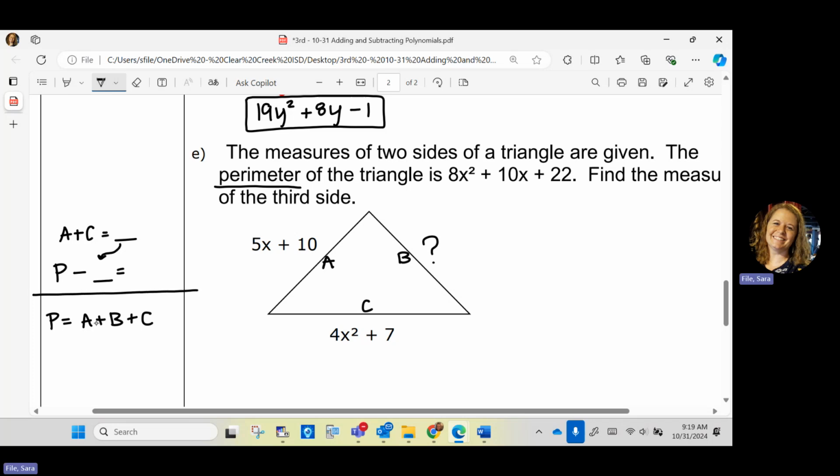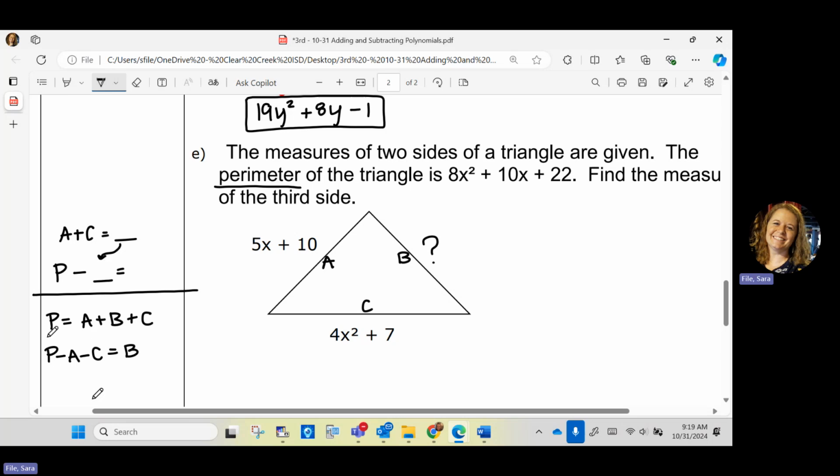Okay, so if I'm looking for side B there, couldn't I just subtract the C and A from the other side to get side B alone? Wouldn't that work? Yes. Okay, so I can do it in 2 steps like this, or I can stack it all.